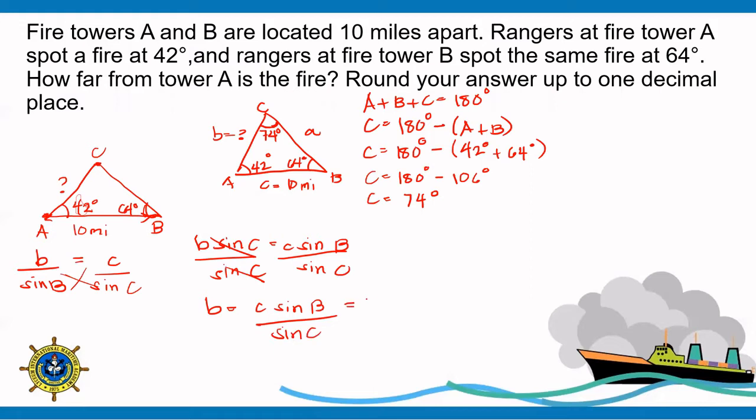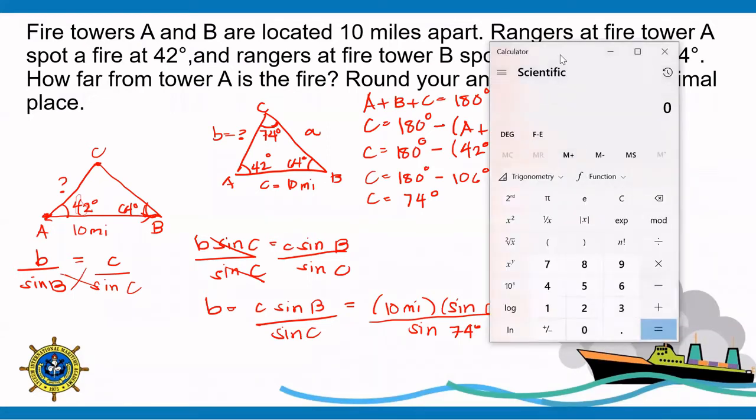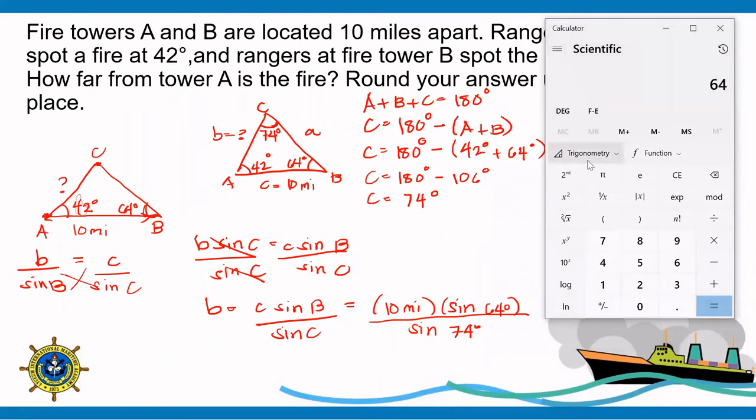So substitute lang po natin yung values. So ang C natin is 10 miles times yung ating sine of B. Ang B po natin is 64 degrees over yung ating sine C, which is sine of 74 degrees. So let me now show you kung paano po ito gagawin sa calculator. Okay, so if we're gonna use your calculator for that, so that will be 64.